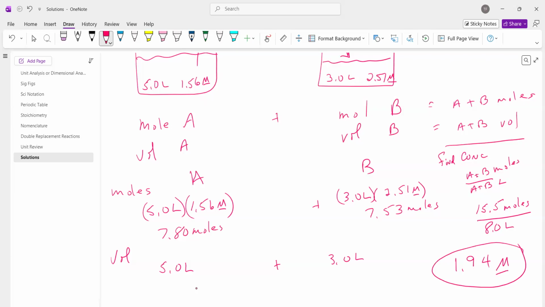Okay, does that make sense? Professor, we're just adding the 7.80 and the 7.53, right? I'm getting 15.33. 15 point what? 33. Well, that's what I got too.